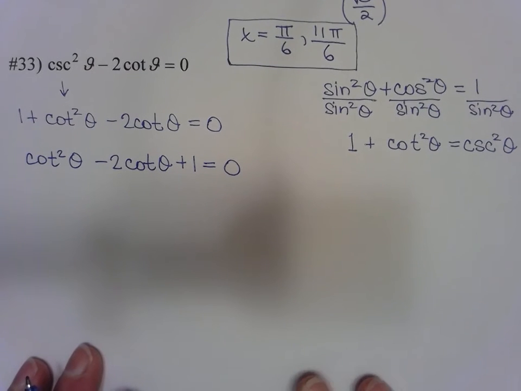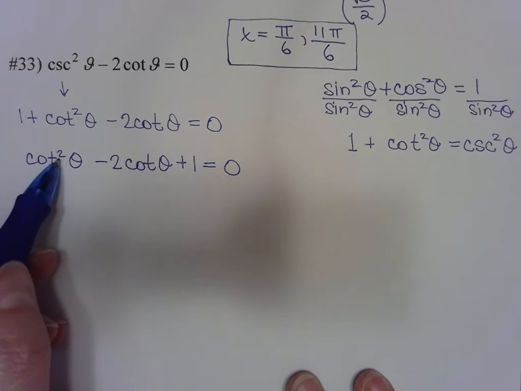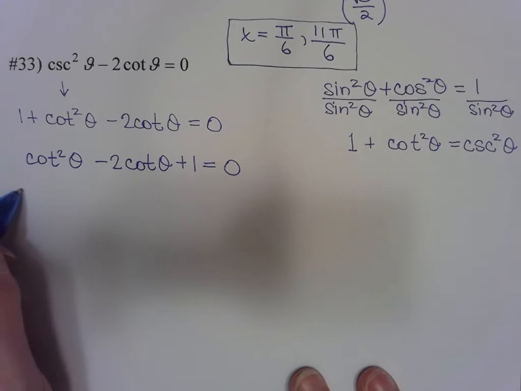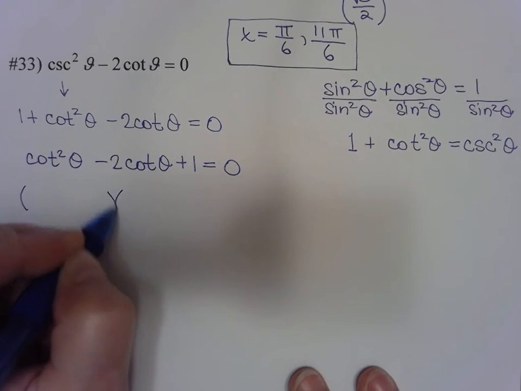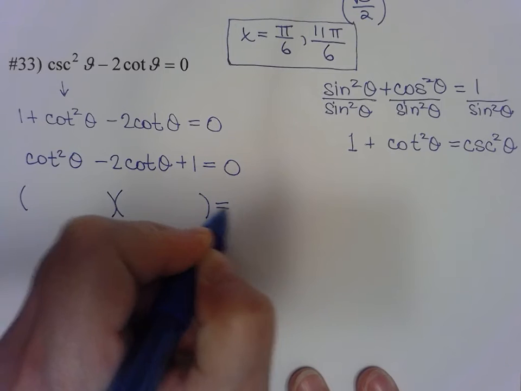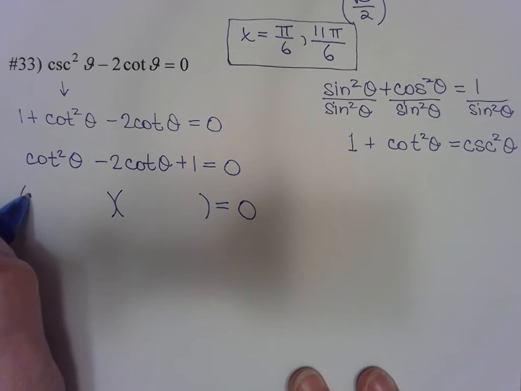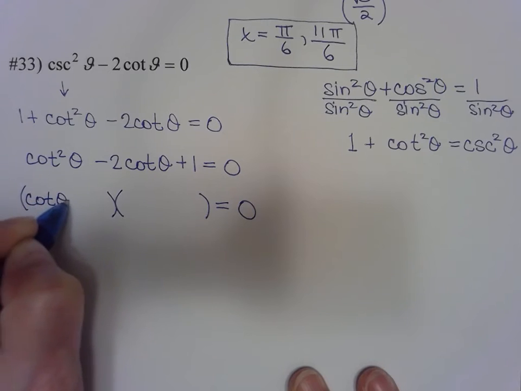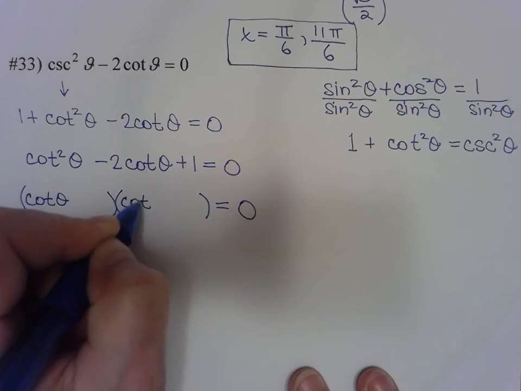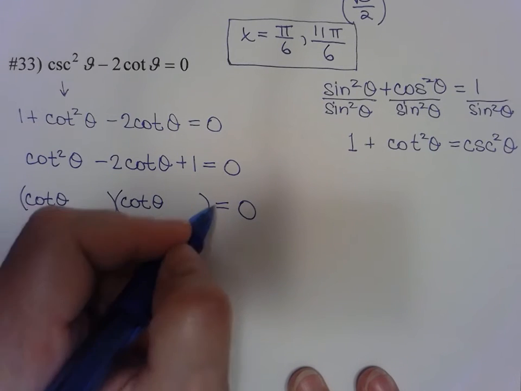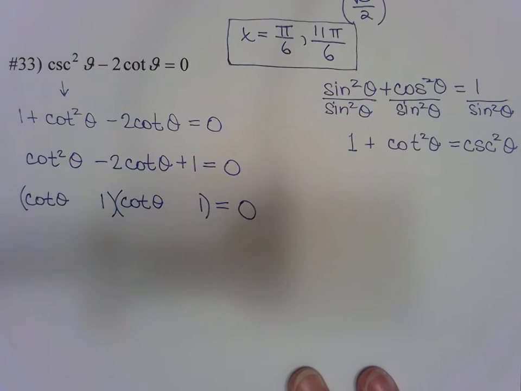So now, because of the cotangent squared, I might want to think about solving by factoring. I think that's a good strategy because this is something that I can factor. So to get cotangent squared, I must have cotangent and cotangent. To get 1, I must have 1 and 1.